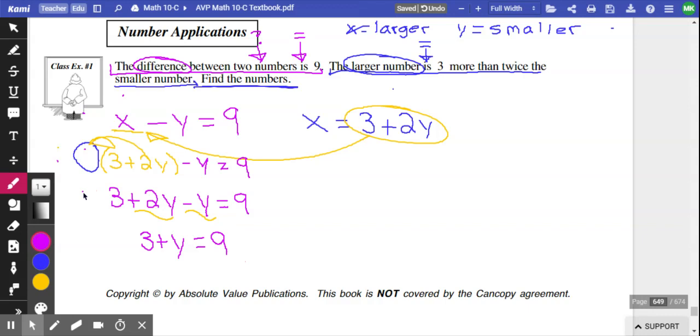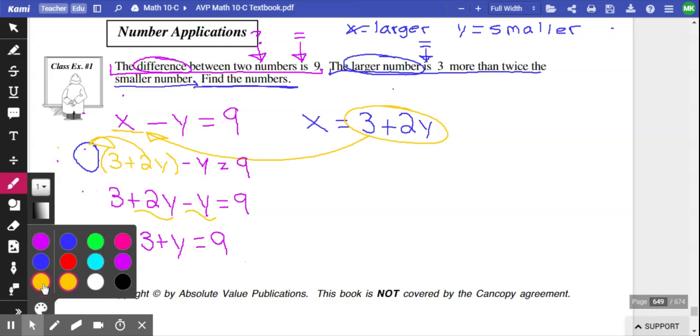After I've collected my like terms, I should now have a linear equation, meaning I have only one letter left, and it's already combined with everything else. Like everything's simplified at this point. To solve a linear equation, you need to get the letter all by itself. Move every number the other way. In our case, we have a 3 next to that y.